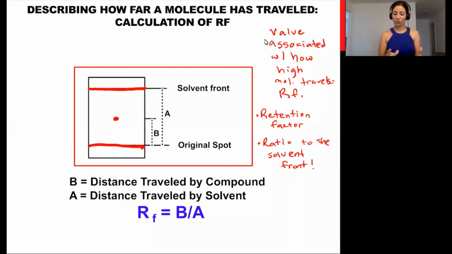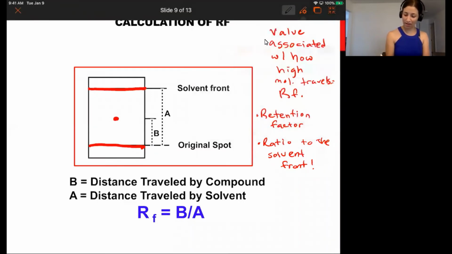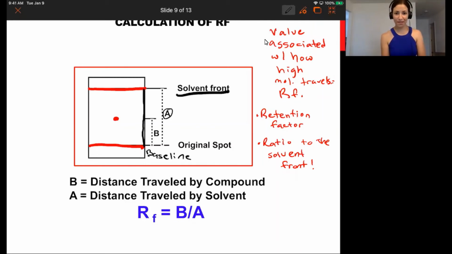So what we do to make the comparison a little easier is we first measure the distance from your original pencil line to that solvent front. So that tells us from the baseline to the solvent traveling distance, how far was that? And that's value A.